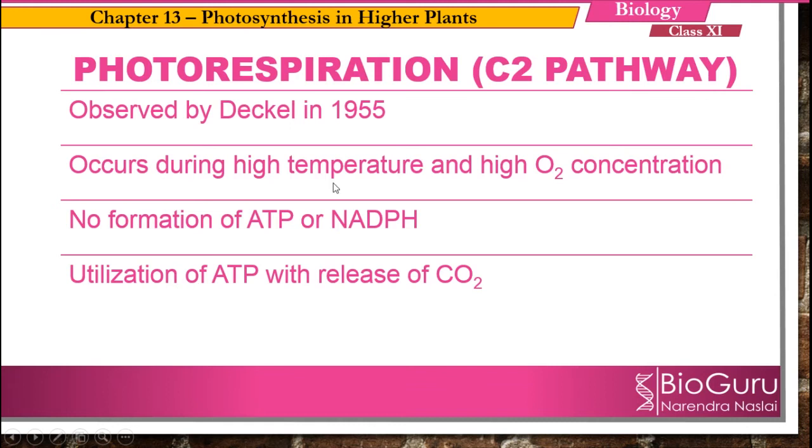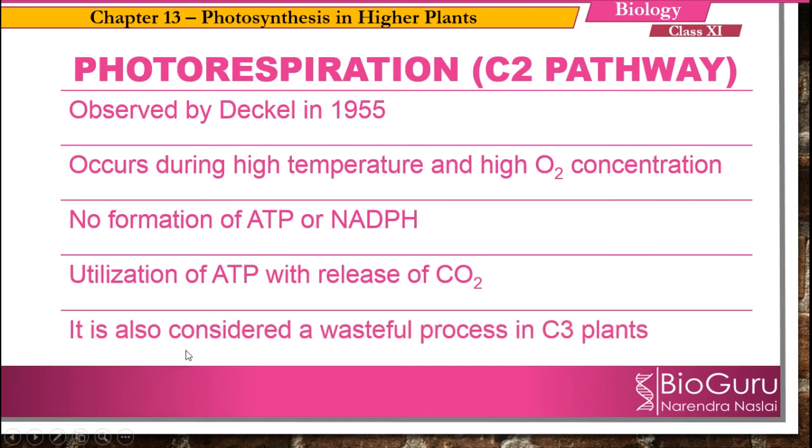But here in the C2 pathway, first of all, there is no formation of ATP or NADPH, and there is a utilization of ATP with the release of carbon dioxide. Because of this, the C2 pathway or photorespiration is considered a wasteful process in C3 plants. This C2 pathway mainly occurs in C3 plants and not in C4 plants.